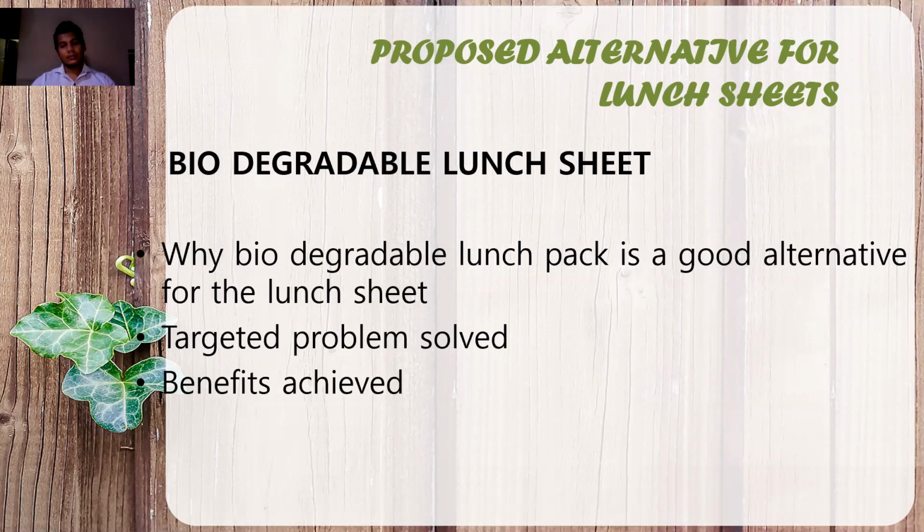Benefits achieved were that it will be decomposed in a smaller period than the traditional lunch sheet, which takes hundreds of years, and also it is non-toxic and can be decomposed in soil and water.